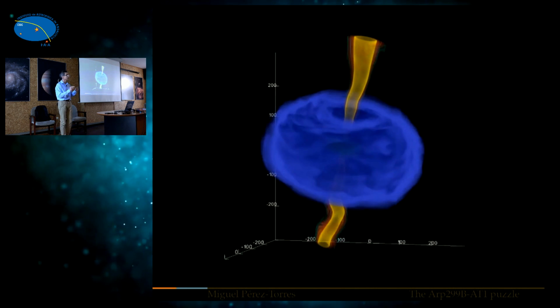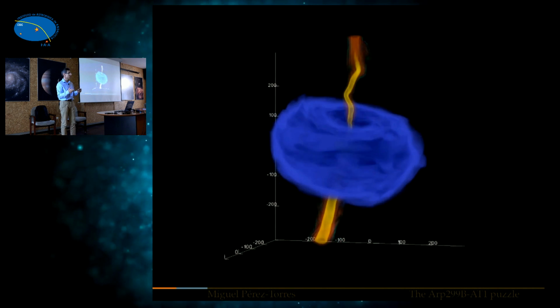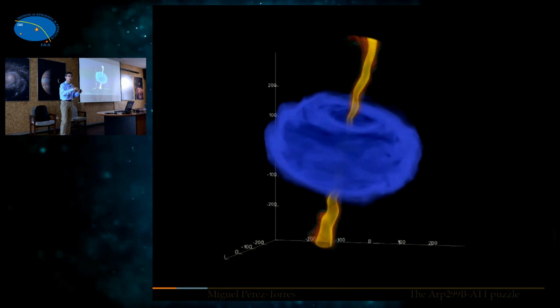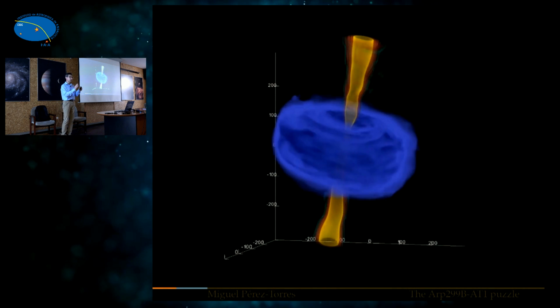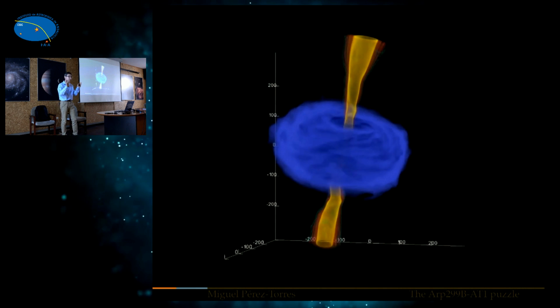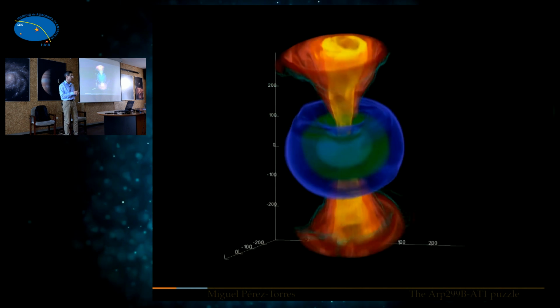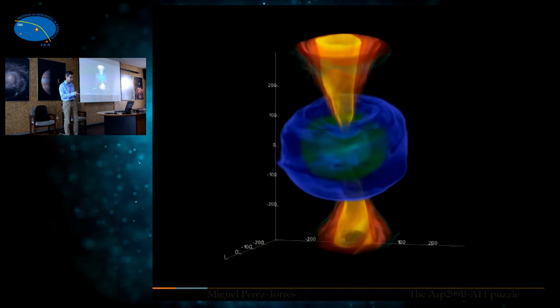The jets do not care much about the black hole spin. That's an important thing, as you will see later on. So basically, standard wisdom, the jet goes perpendicular to the accretion disk or to this torus that surrounds the AGN.